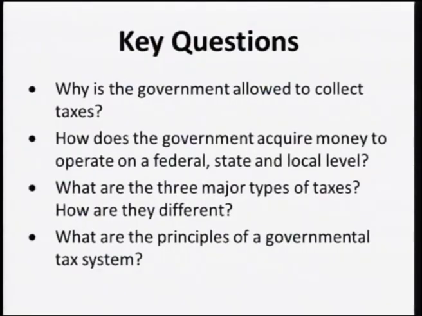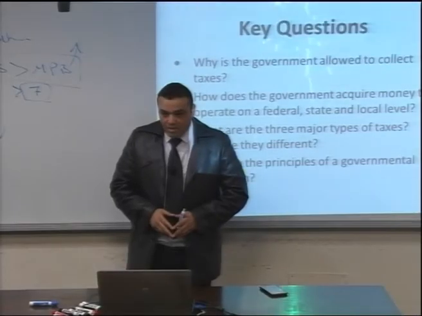So, the key questions here for taxes: why is the government allowed to collect taxes? This is the major question here. How does the government acquire money to operate on the federal, state or local level? What are the three major types of taxes? How are they different? What are the principles of a government tax system? Okay?